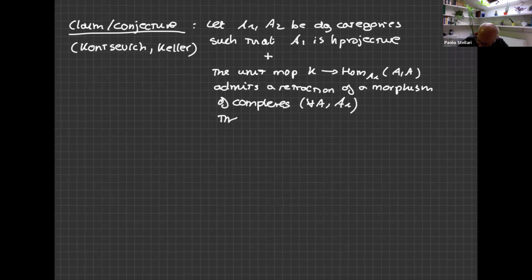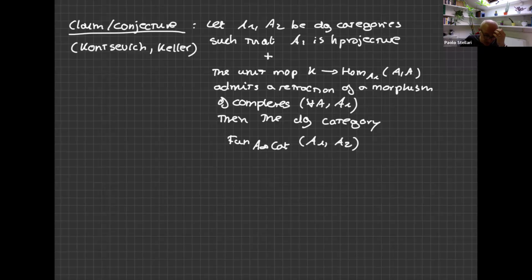Then the DG category which we already encountered before: I can take Fun_A∞ and plug in my two DG categories.